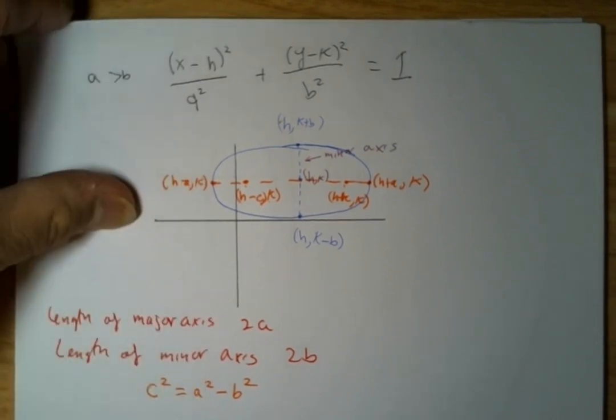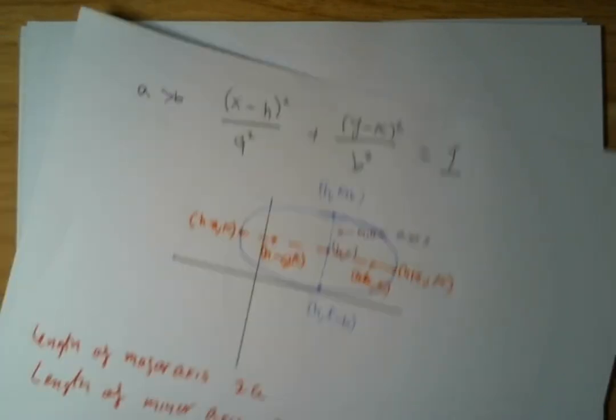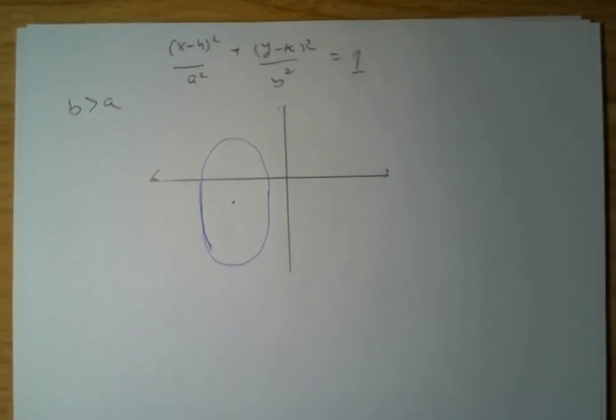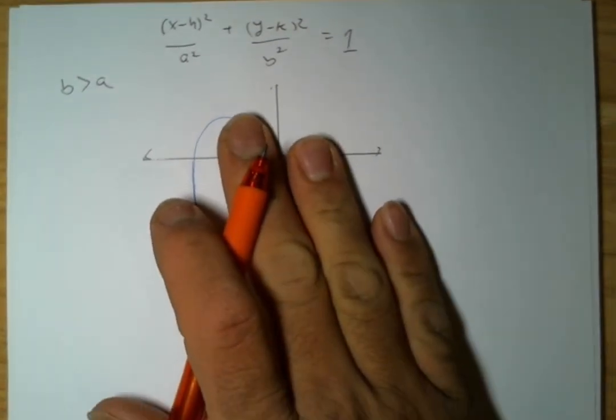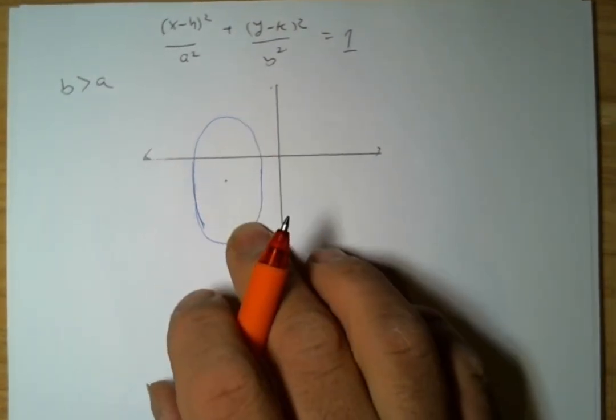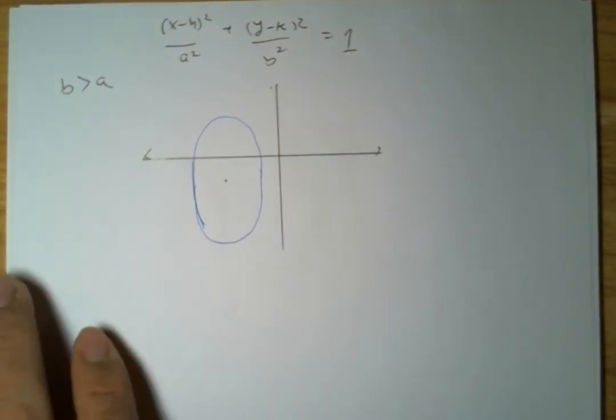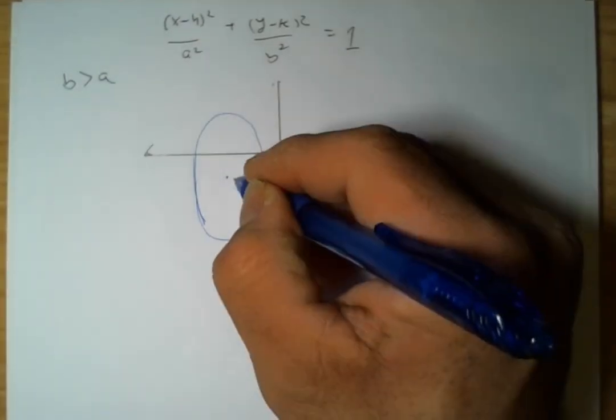Now, in the other case where we have b greater than a, again here our center we'll call (h, k).